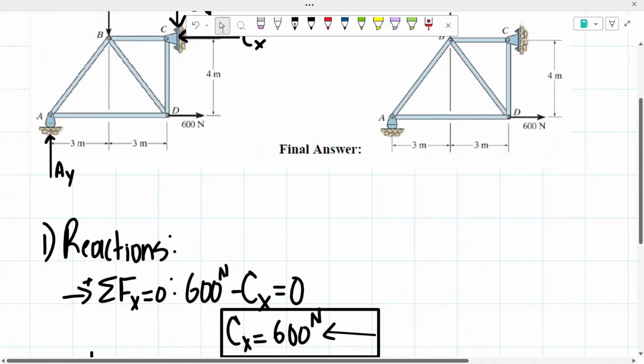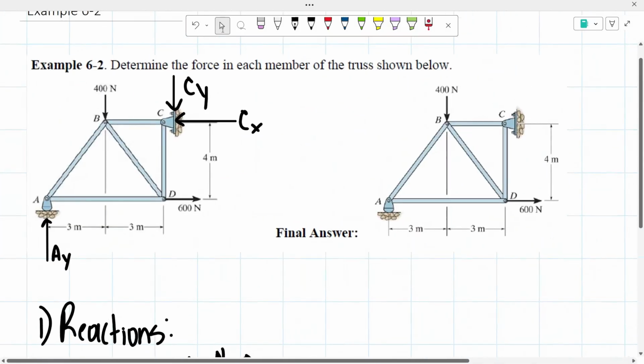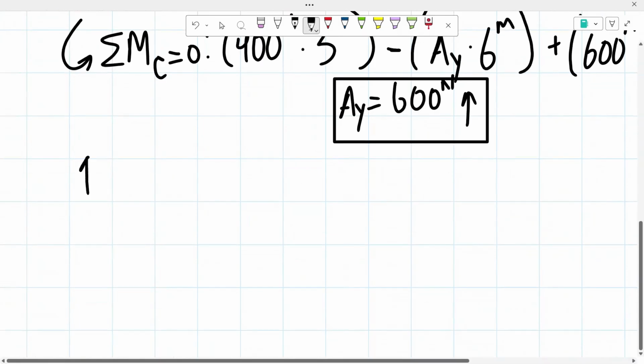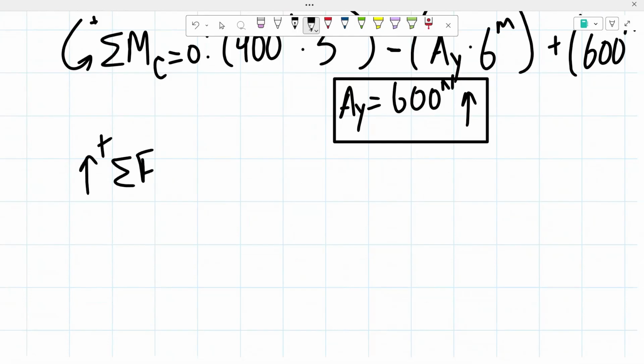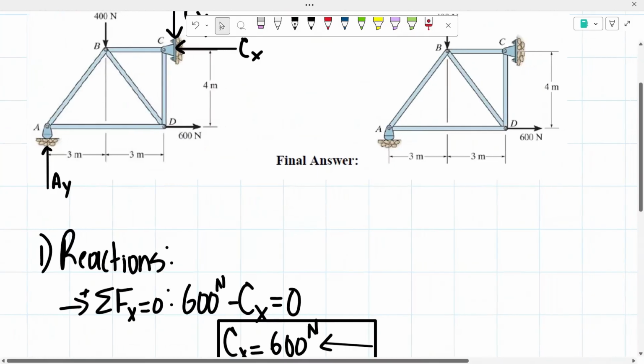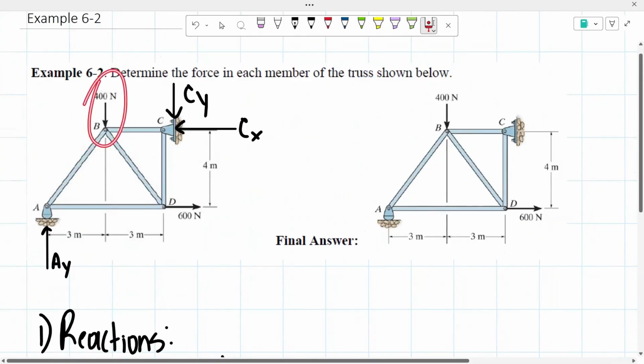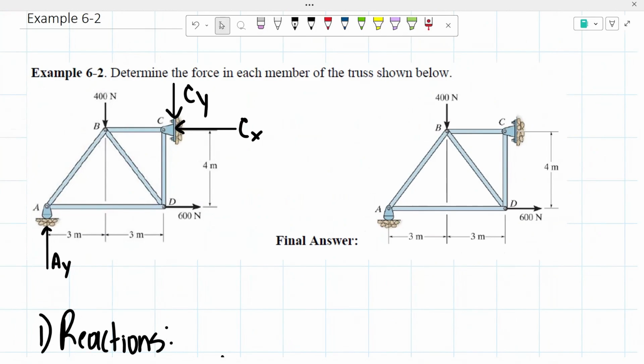And now we're going to take the sum of the forces in the y direction to be able to determine the value of C of y. We know that A sub y is going upwards, so that means positive. We have a negative 400 newtons here, and then negative C of y, which is what we assumed.